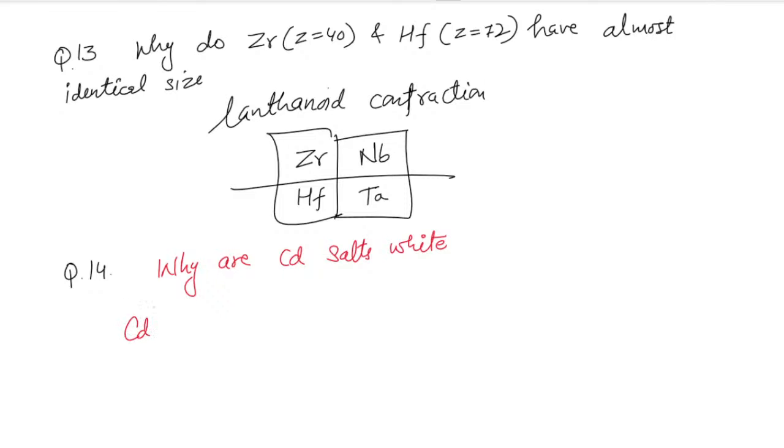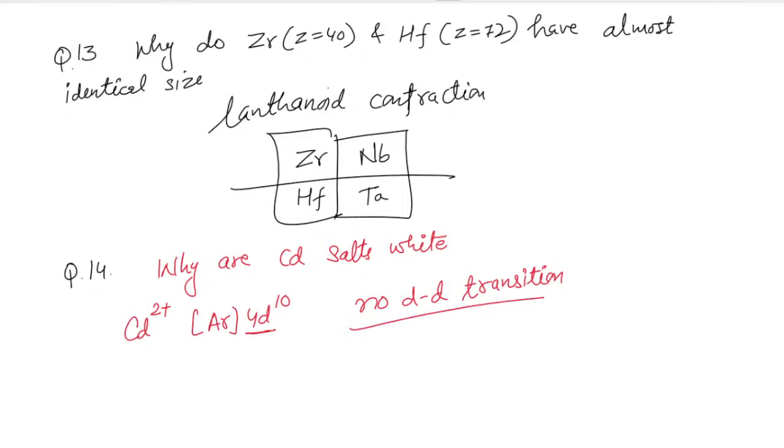You know, cadmium 2+ is 4d10, which means the d orbitals are fully filled. Hence, there is no d-d transition, and that's why the salts are white, because they have fully filled d orbitals.